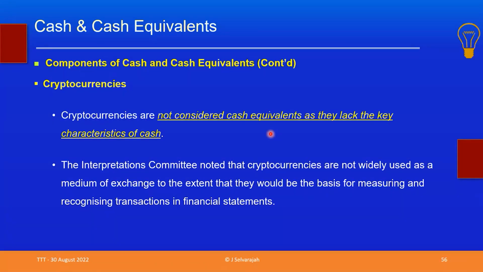The interpretations committee of the standard setter, the International Accounting Standards Board, is called the IFRIC. It noted that cryptocurrencies are not widely used as a medium of exchange to the extent that there would be a basis for measuring and recognizing transactions in the financial statements. So as of now, these are not taken up. They are more of a speculative nature.